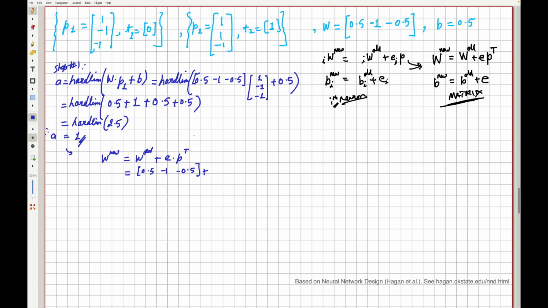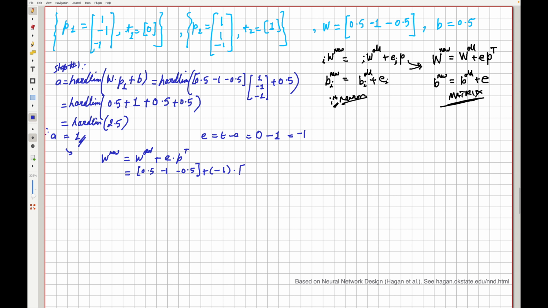Now the value for e in this case is going to be t minus a. The original class is 0, and the class that we calculated was 1, so t, 0 minus 1, is minus 1. So the e that we have is minus 1, times P, and the value for the input that we used was of course 1, minus 1, minus 1.